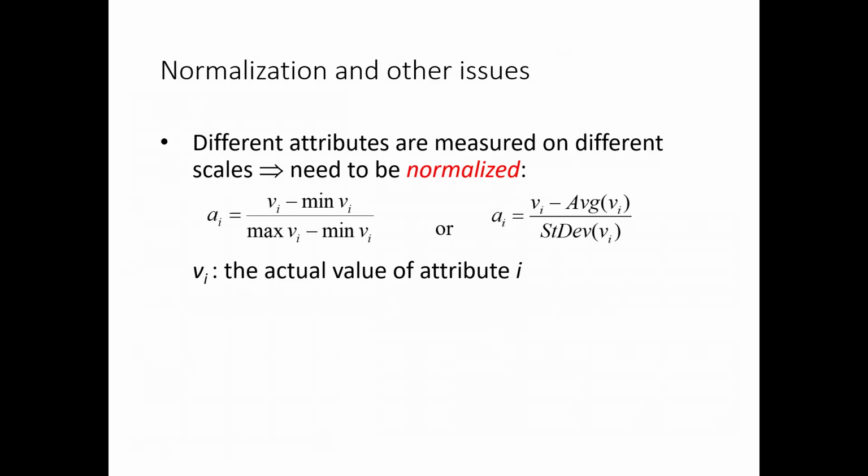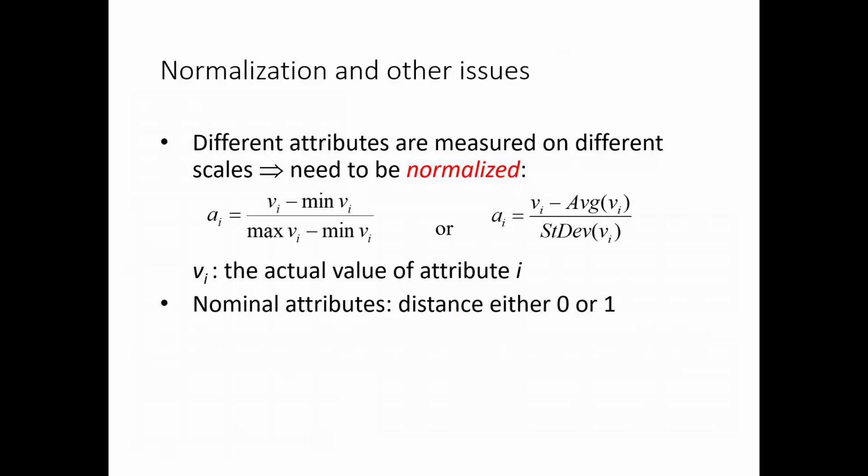Simply, you can subtract the minimum and divide by the difference between the max value and the min value, and then you will get the normalized attribute value. Or you can use the average and standard deviation. So always remember, if you apply the nearest neighbor algorithm, you better normalize your attributes.